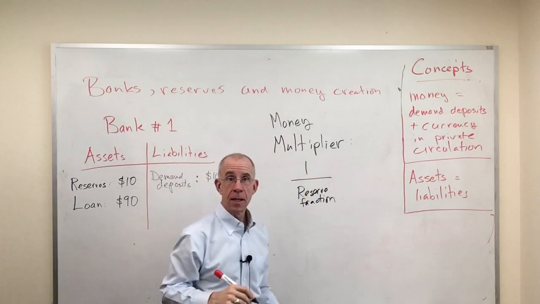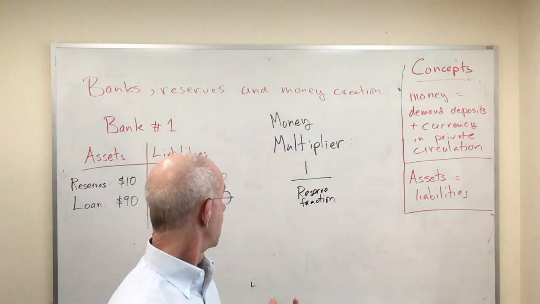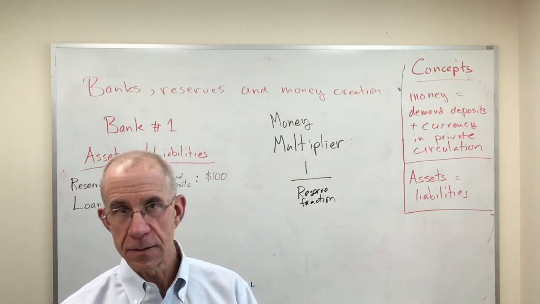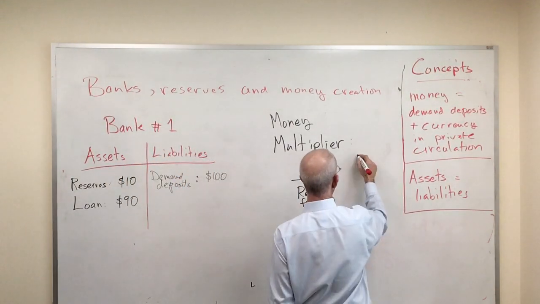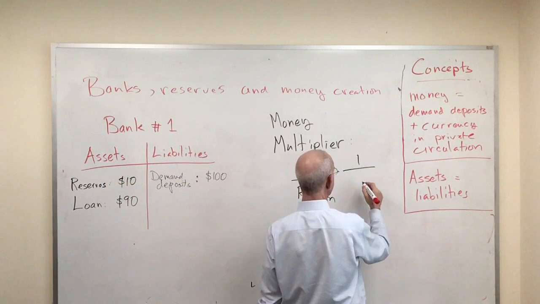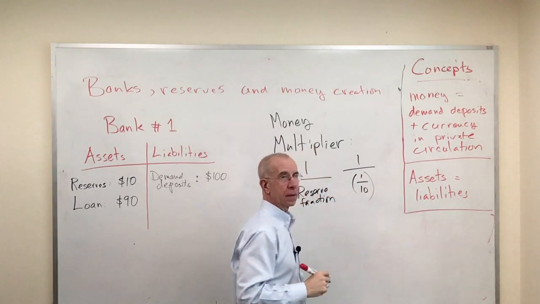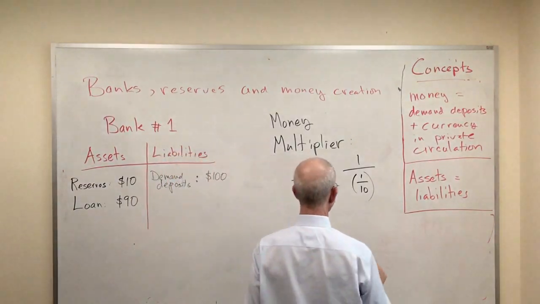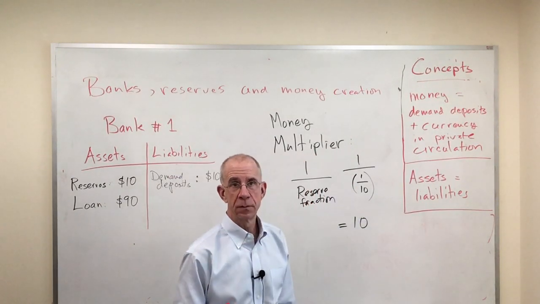held by banks. Now, in the case that we just did, again, this is a simplified version, it's 10%. It's 1 over 10%. That's 1 over 10. Okay. 1 divided by 1 over 10 is equal to 10.